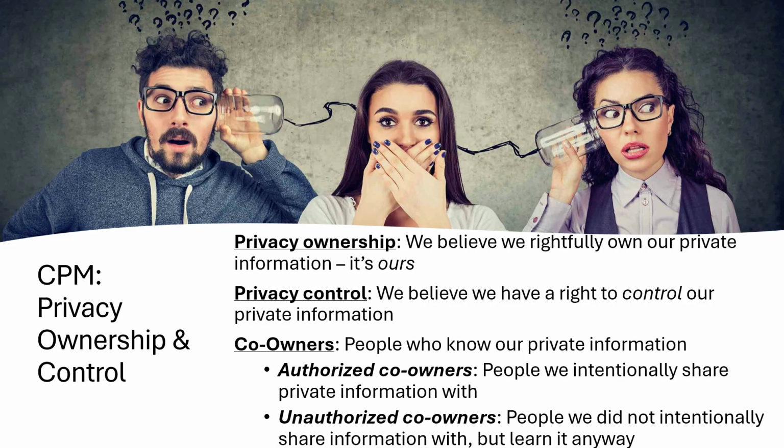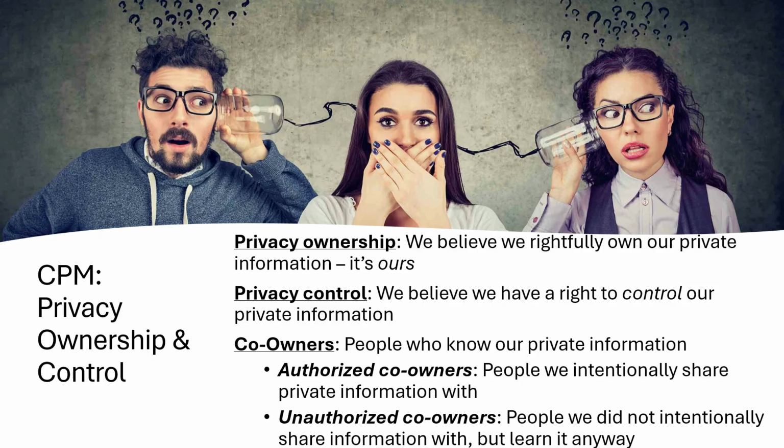Sometimes we share information with people we trust, and those people become co-owners of that information according to, again, this theoretical framework. So, co-owners are people who know our private information, have access to our private information.